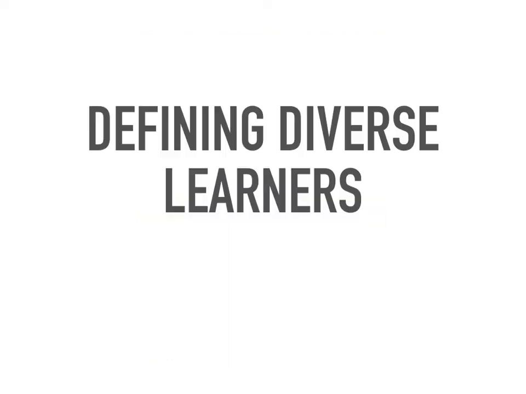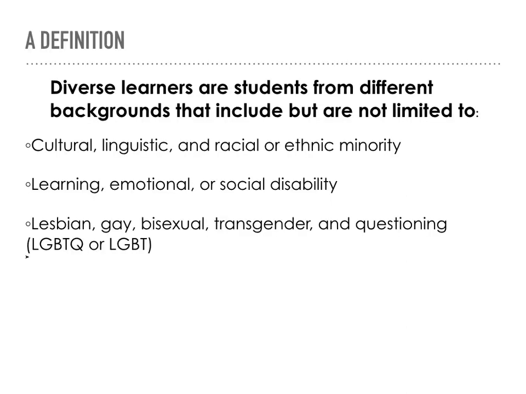Let's begin by defining diverse learners. Diverse learners are students from different backgrounds that include, but are not limited to, cultural, linguistic, and racial or ethnic minorities, learning, emotional, or social disability, lesbian, gay, bisexual, transgender, and questioning.